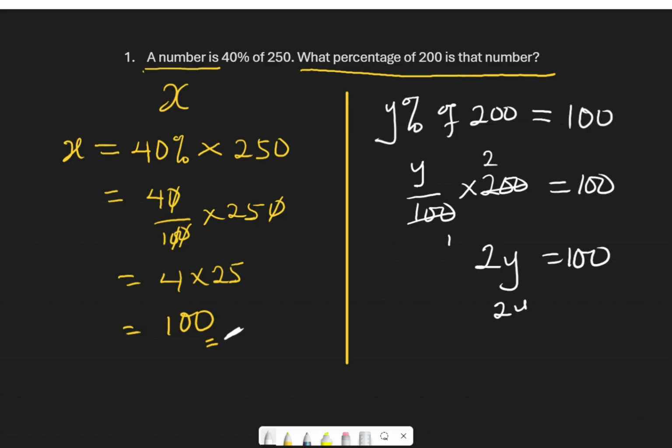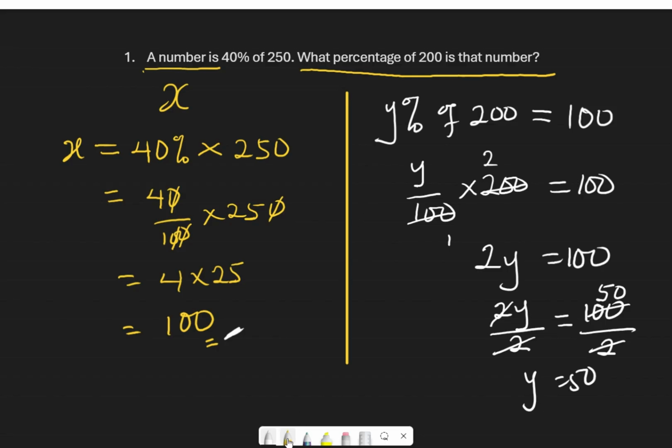Since we are looking for y, not 2y, we divide both sides by 2. Our y is 50.